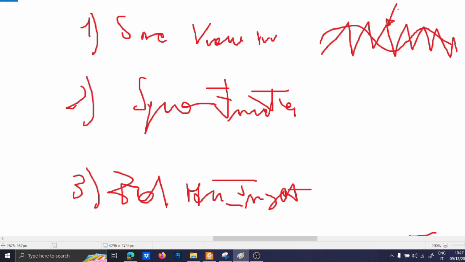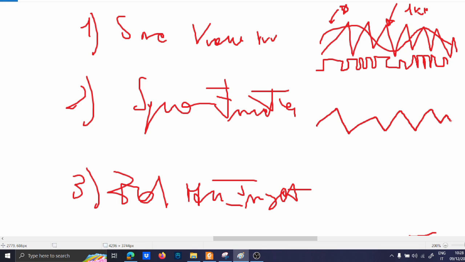The triangular switches at 1 kHz, and the sine at 50. And the result will be a non-constant duty cycle square wave, like this.